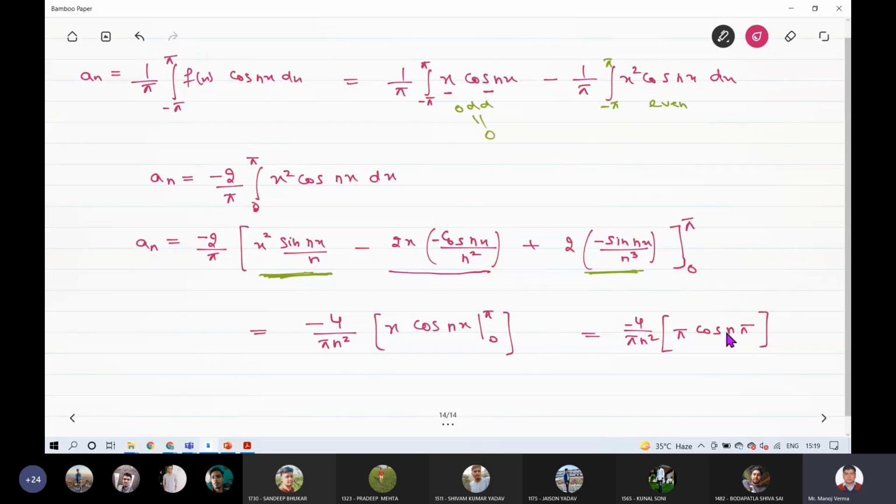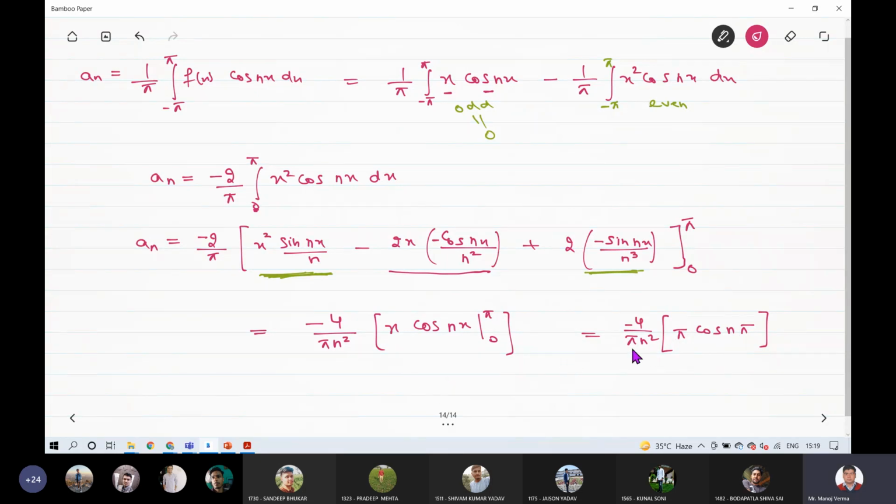Otherwise, if it were pi and minus pi, then there would also be a second term, minus pi something, and of course that would be twice of that, but in some longer functions, you have to actually manually put the minus pi limit. But in this case, it is simplifying on its own.